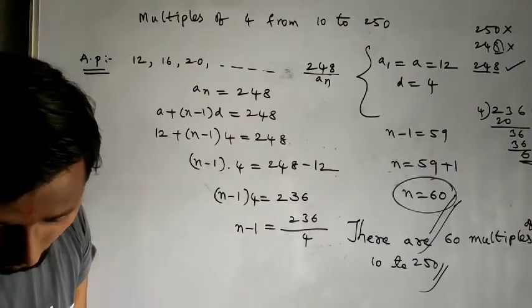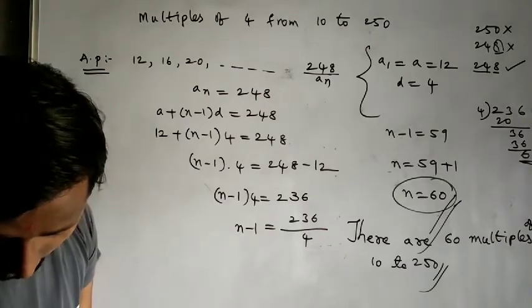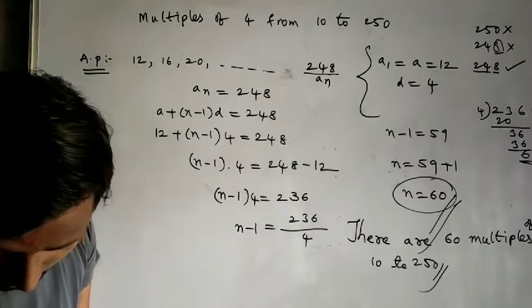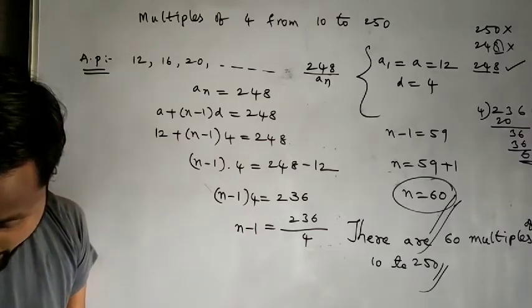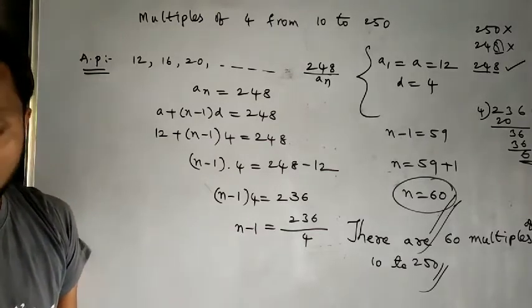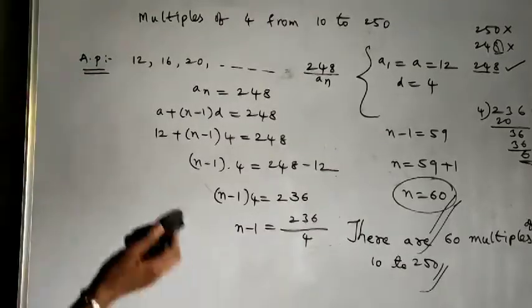13th problem: find the value of n. The nth terms of two APs are equal. Oh, here we have a lucky question. Here we have two APs.